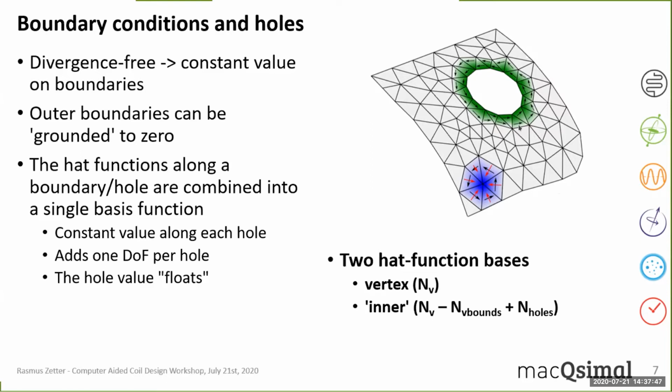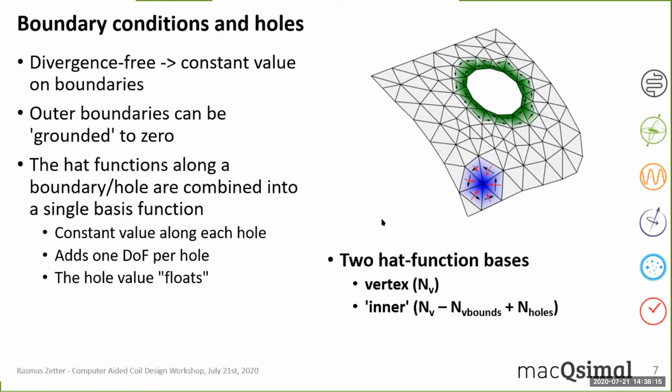But for inner boundaries, inner holes, what we do is we combine all the hat functions, the basis functions of the vertices along the edges, into a single basis function that maps the same value to all of these vertices. And that's a pretty simple way to enforce the boundary condition. So we get constant values along each hole. So in essence, we have 2 different hat function bases.